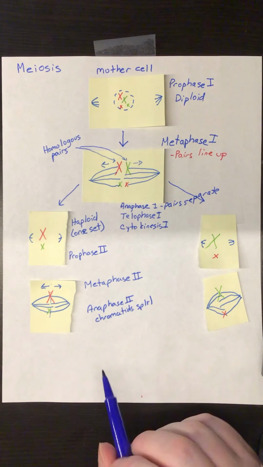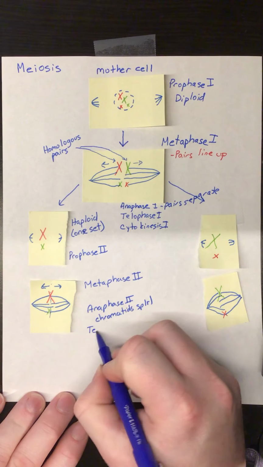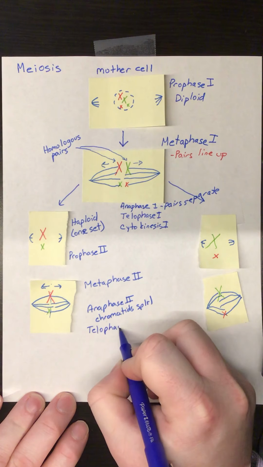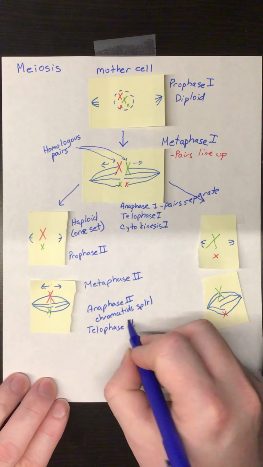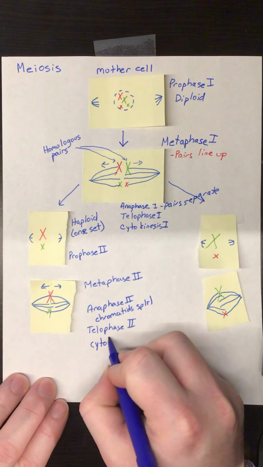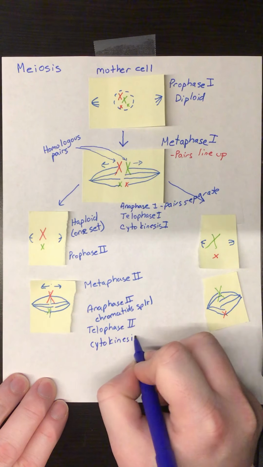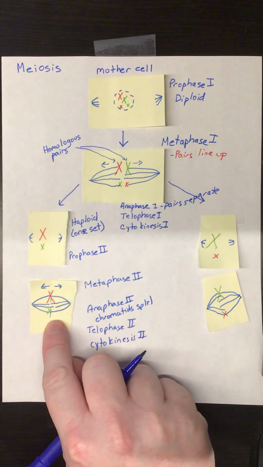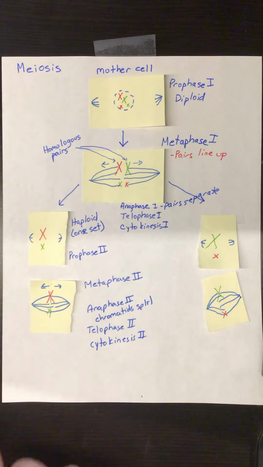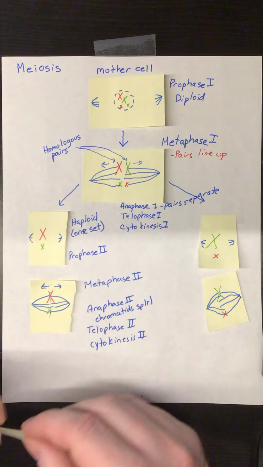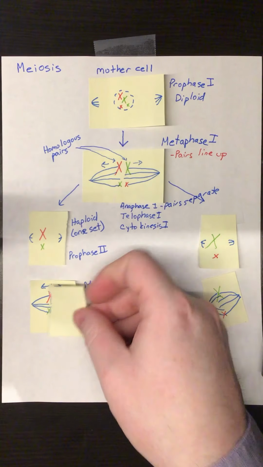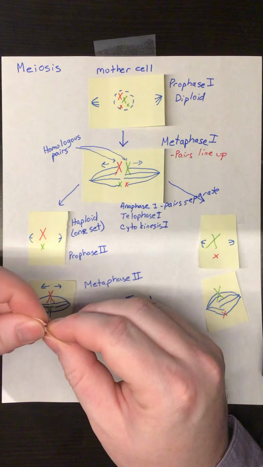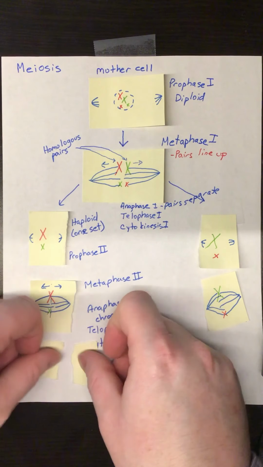These chromatids are going to move that way. And then we get telophase 2, where we have 2 equal piles of DNA within each cell. And then cytokinesis 2 tears each of those cells in half. So what we've got is we've got this cell that was like this. Now that cell is being split in half again.